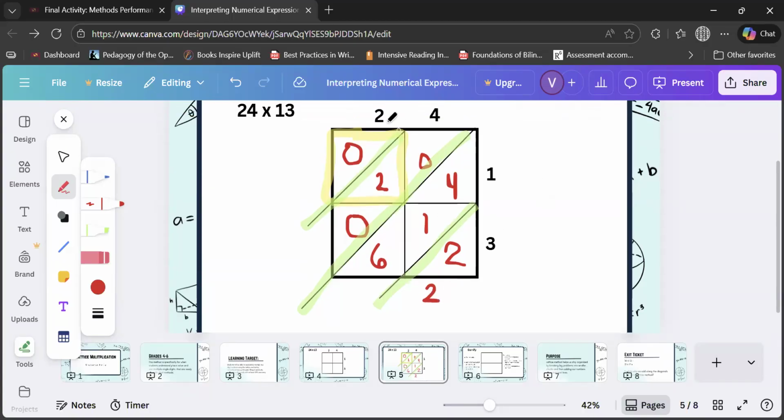When you're adding, I forgot to mention this, we're not adding our 24 or our 13, because we already multiplied and put our numbers into our lattice box. Now we're going to move on to the next section of addition. We have a 6, a 1, and a 4. 6 plus 4 equals 10. 10 plus 1 equals 11.